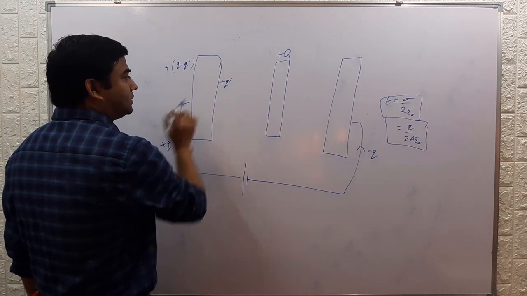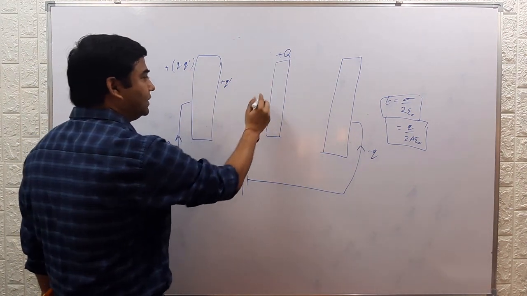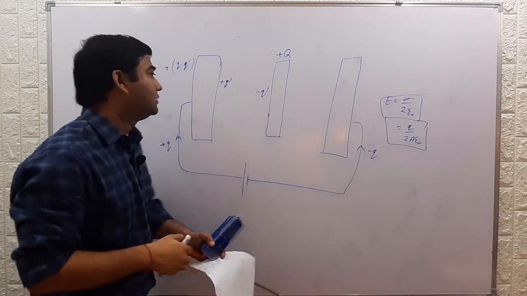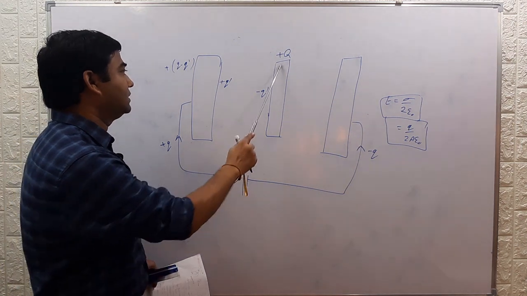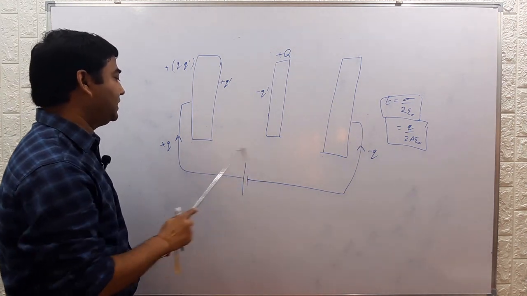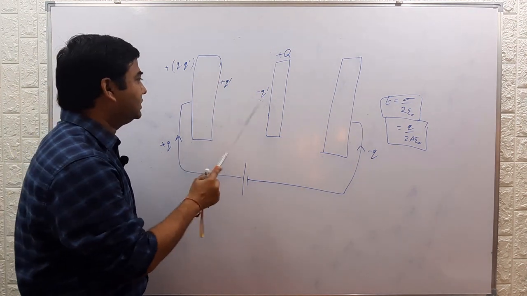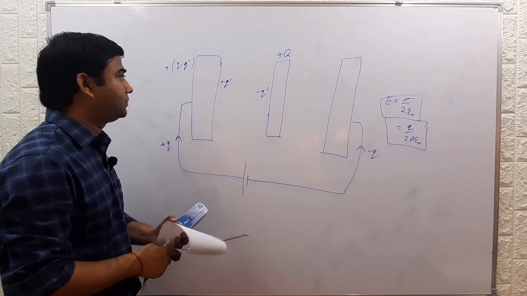As this surface has plus Q dash charge, the facing surface will have minus Q dash charge, which we have discussed due to Gauss's law. When you assume an imaginary surface going through inside this plate and inside this plate and apply Gauss's law, then both these charges will be equal and opposite on the facing surfaces.